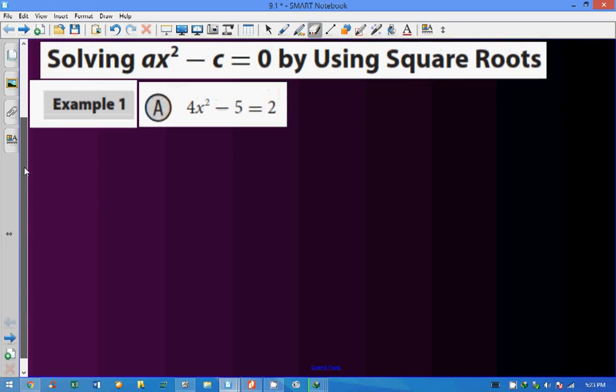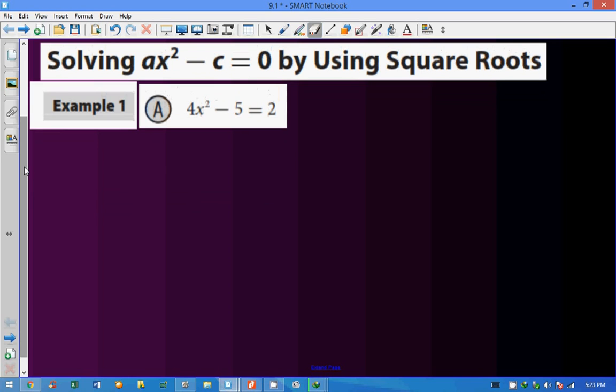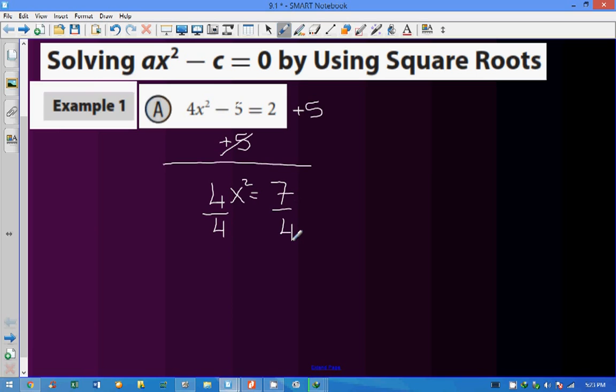As you remember, we have to add 5 on both sides to isolate 4x squared, and when we isolate it, it's going to be 4x squared equals 7. Then isolate x squared, divided by 4 on both sides, and 4 and 4 cancel each other out. x squared is 7 over 4.